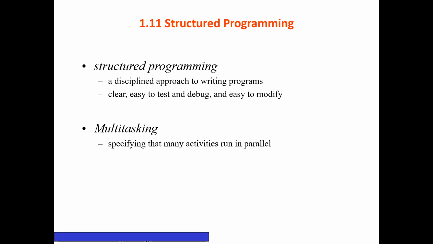In structured programming, we structure a program. It is a disciplined approach to write your programs where you start a line and the way spacing is done. So if you follow structured programming, then it will be easy for anybody to read and understand your programs. So it is a good practice to follow a structure for your programming.